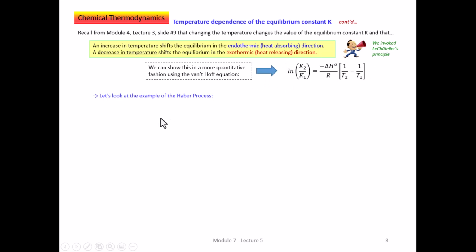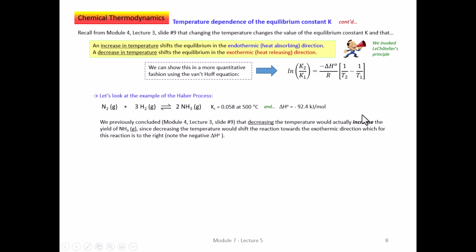Let's use as an example the Haber process, which, as you recall, is a production of ammonia from nitrogen and hydrogen. This has a Kc value that's fairly small at a fairly high temperature, 500 degrees C, and it's an exothermic reaction written left to right. deltaH equals minus 92.4 kilojoules per mole.